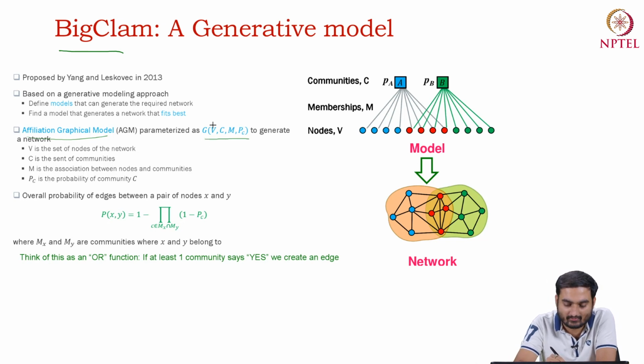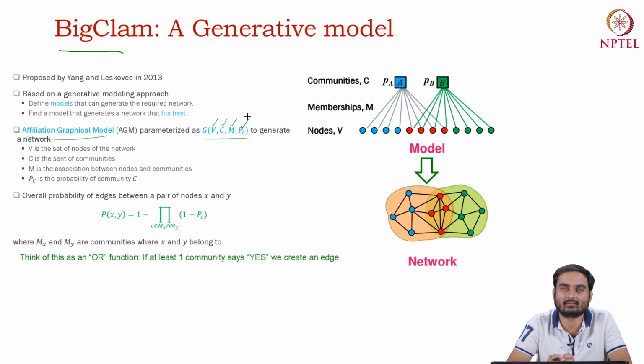We have V, which is a set of vertices. We have C, which is a set of communities. We have M, some sort of node to community association, and PC is the probability of a community. So what is the idea here?